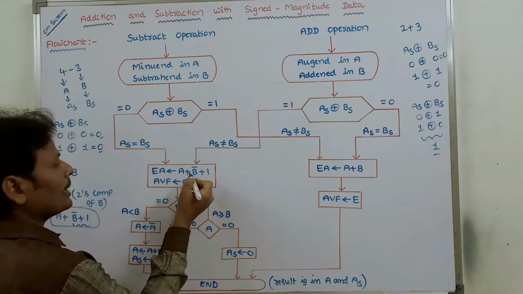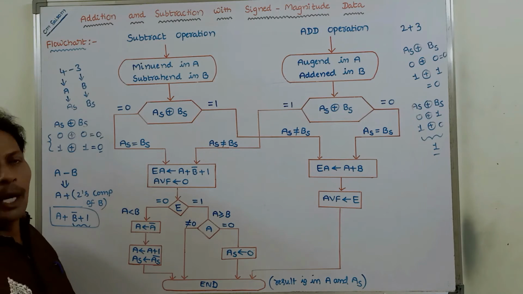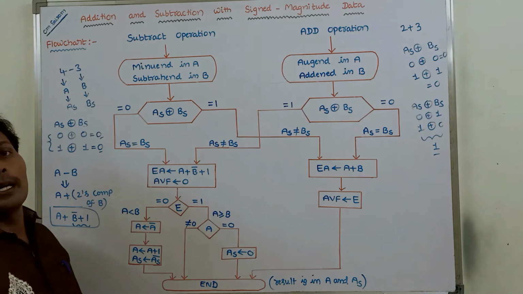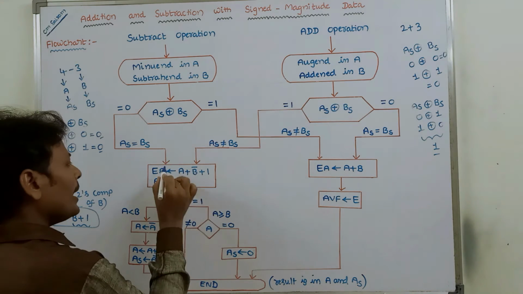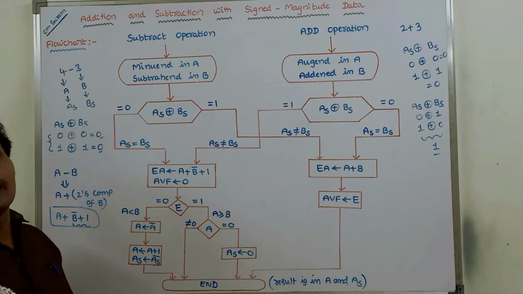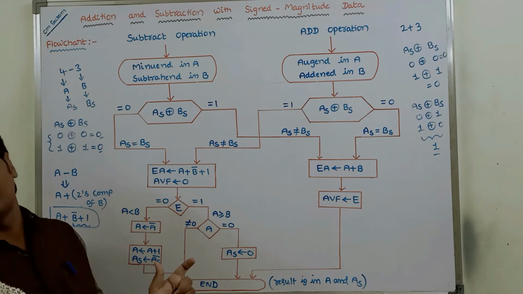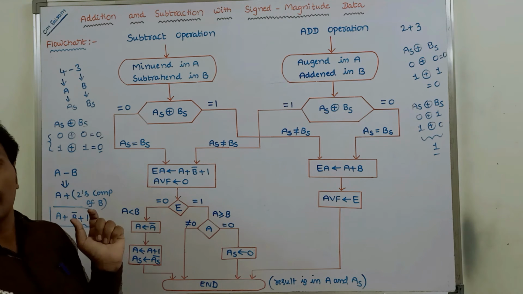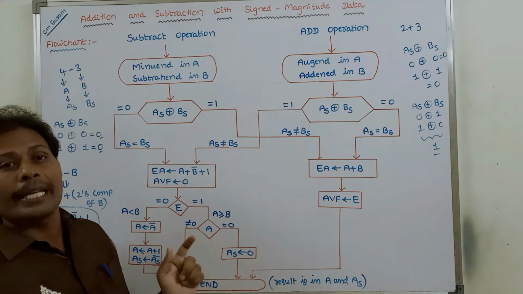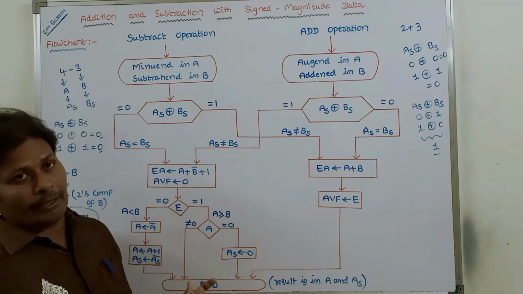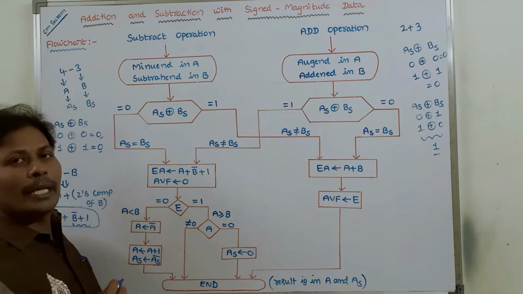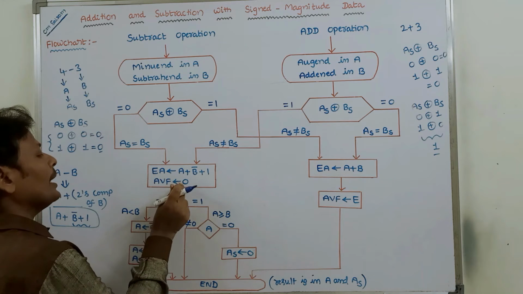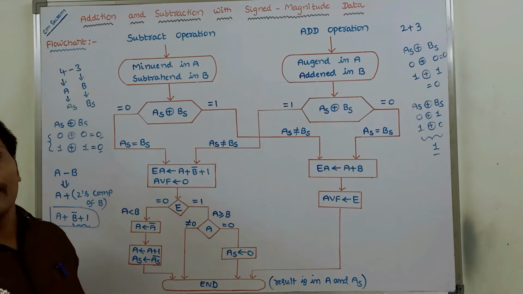After that the result is added to the minuend. Whatever result we get is stored in register A. If any output carry is generated, it is discarded, because in 2's complement subtraction any output carry can be discarded. Therefore, E value is equal to 0. Whenever E value is 0, the content of E is transferred to the add overflow flip-flop.